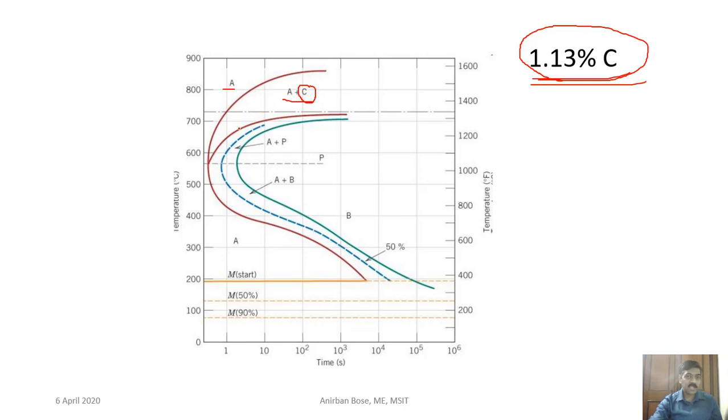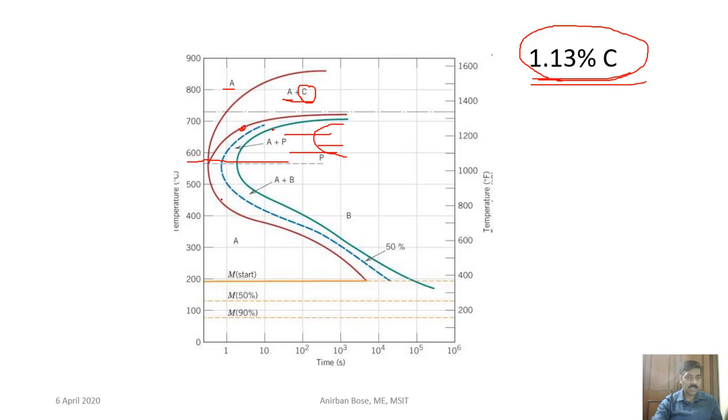And this austenite will start transforming to pearlite from this curve, and it will end at this one, the green one. Okay, and this dotted blue one is the 50% line. Okay, up to this part you have understood, because this region is the pearlite.